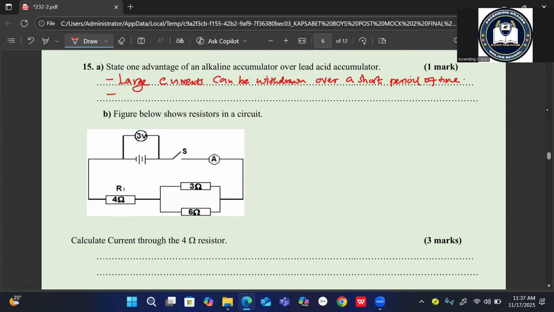But two, they require little attention to maintain.